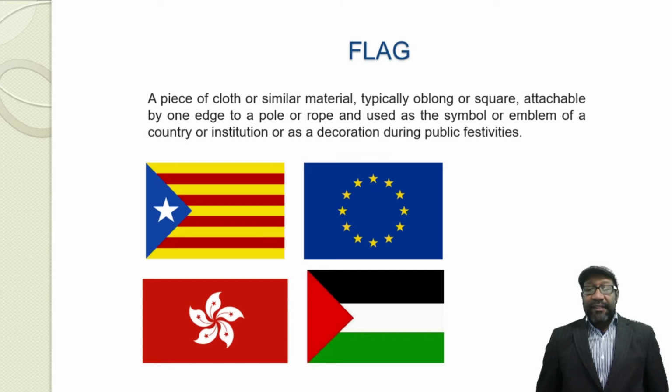Then we have this flag with a blue background and some stars forming a circle. So this is the UN flag. No, no, no. This is the EU flag, the European Union flag, right?